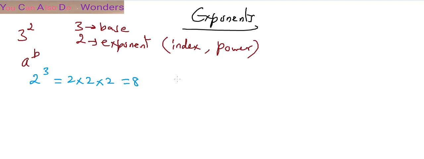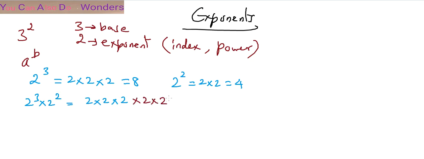And 2 square is 2 into 2, 4. What is 2 cube into 2 square? So this is 2 into 2 into 2, into 2 into 2. How many 2's here? 5.